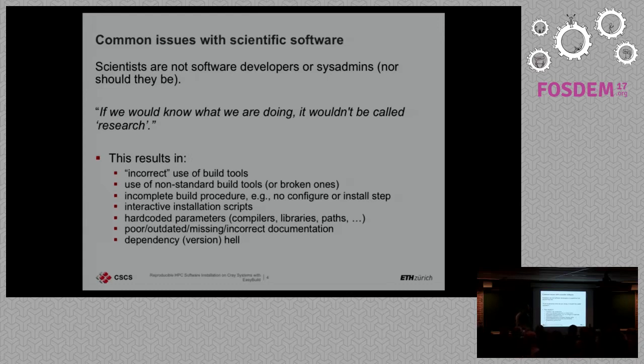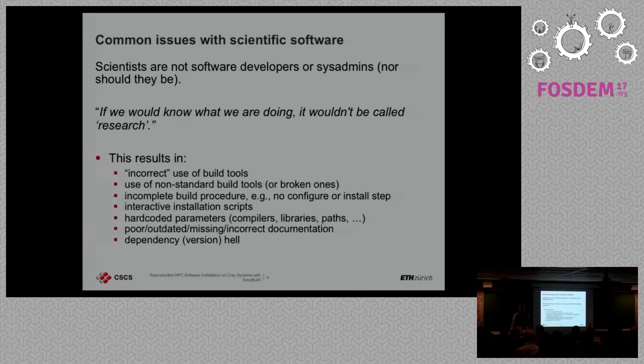Automation is not a new thing. We should think that there are people working on installing this software full time. Then the other things are missing documentation, and also the dependency hell. These are slides from Kenneth that I'm just quoting here.